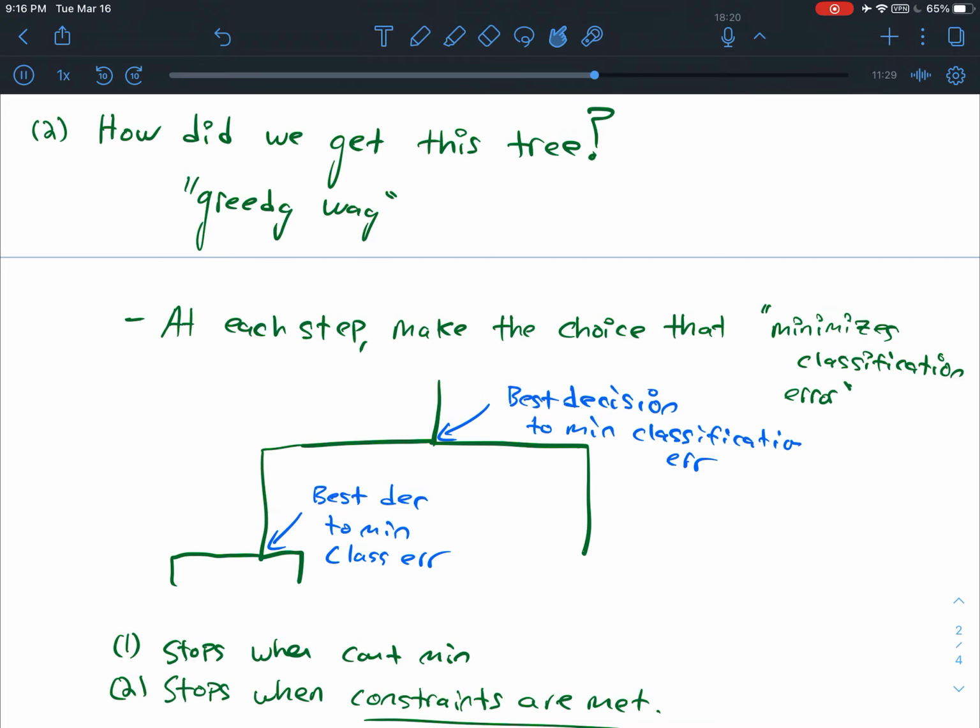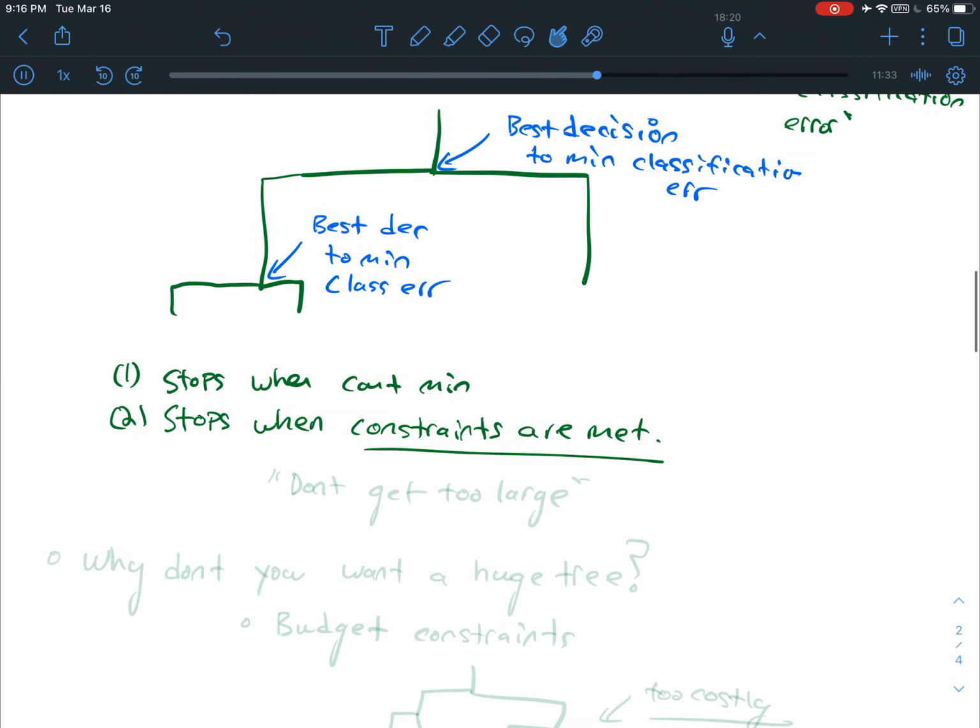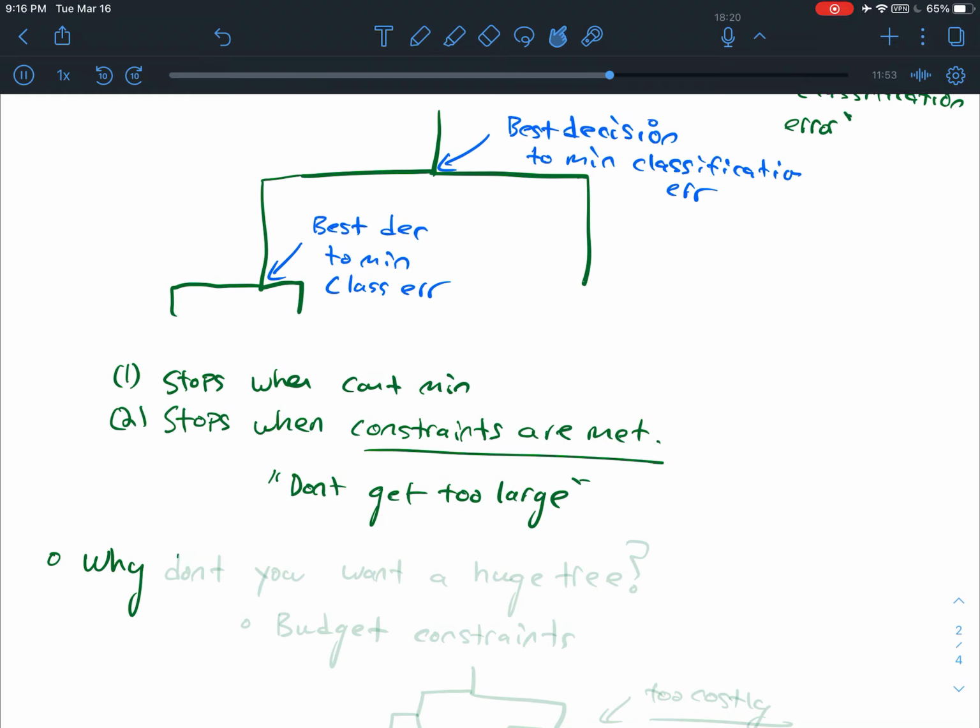But you can imagine that having a tree that's too large is not good. So you might have a constraint that says something like don't get too large. So maybe you don't want the number of levels on this tree to get more than like 7 or something like that. That's something you can tell the algorithm to do. And in fact, let's talk about that for a little bit. Why don't you want a huge tree?